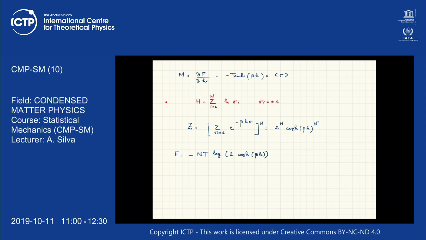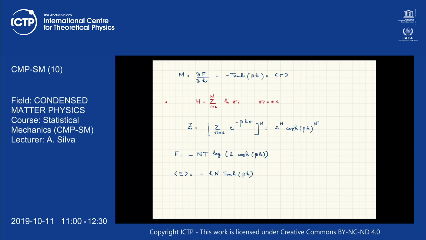You see it? Because the fact that this is to the power n, when you put it in the log, implies that the n will come out to stay in front. And therefore, if we now take the derivative, so if we now take the average energy, we'll get n times what we got before, so minus h times n tangent hyperbolic of beta h.